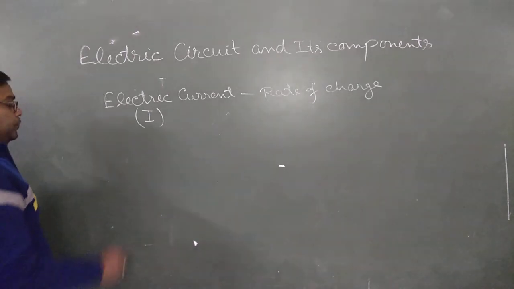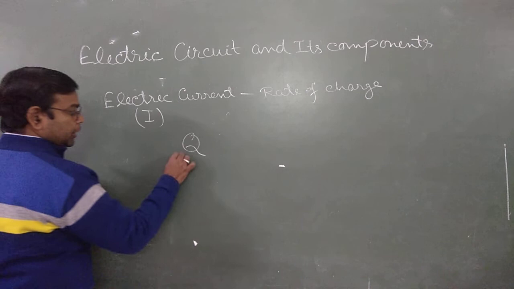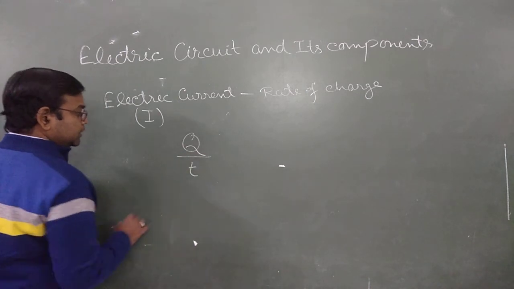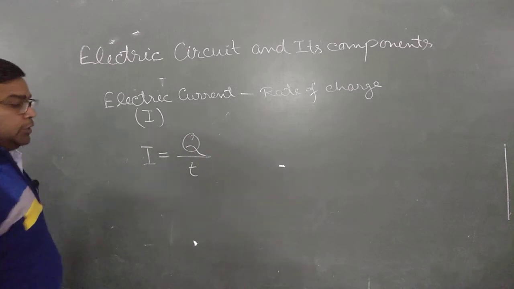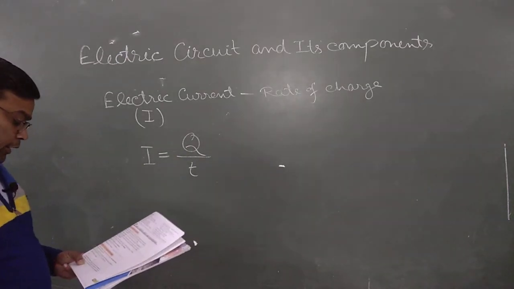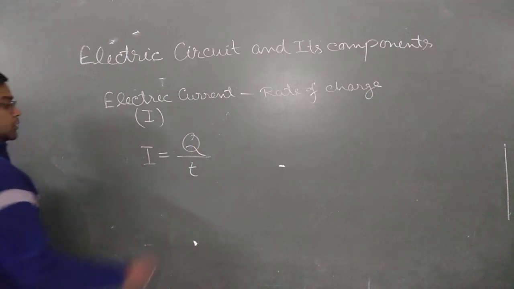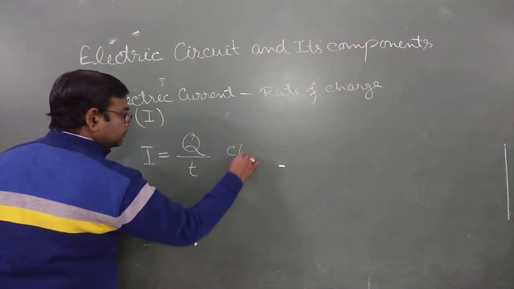So if Q amount of charge flows through a conductor within a time t seconds, then I equals Q upon t, and the unit is coulomb per second.